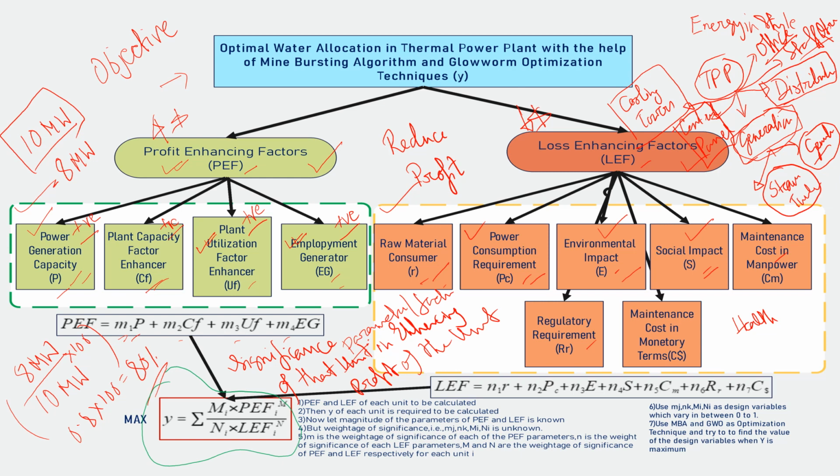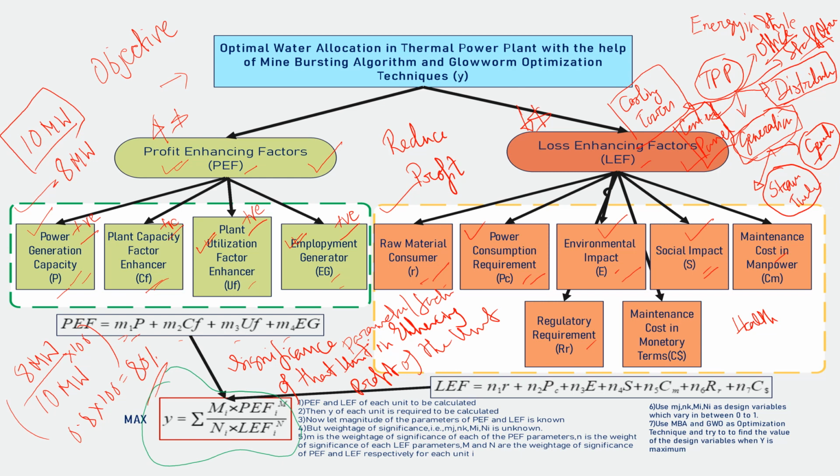These capital MI and capital NI are not the weightage of significance of the parameters. They are the weightage of significance of the units. But the small m's from 1 to 4 and small n's from 1 to 7 are the weightage of importance of the parameters, not the units.